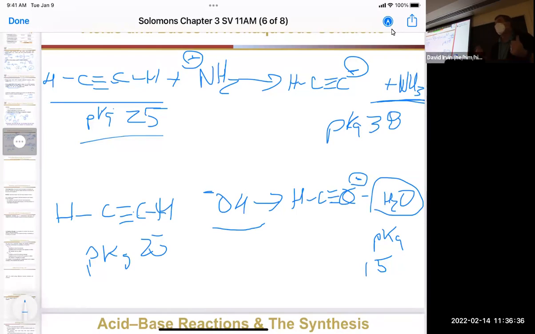Okay, questions on that? So that means when we form these very strong bases with these carbanions, we have to use solvents that won't react with them, like hydrocarbons and ethers. We can't use alcohols. We can't use water. All right, questions?